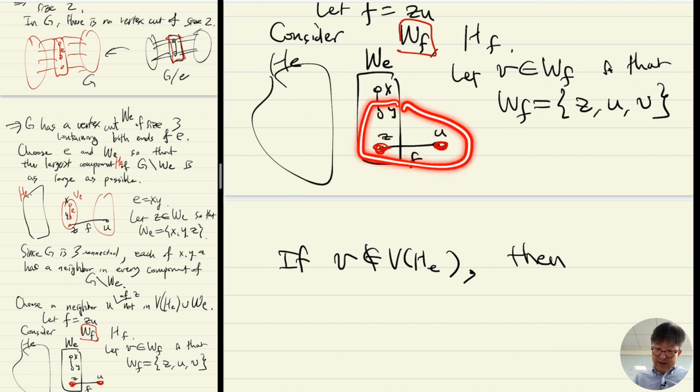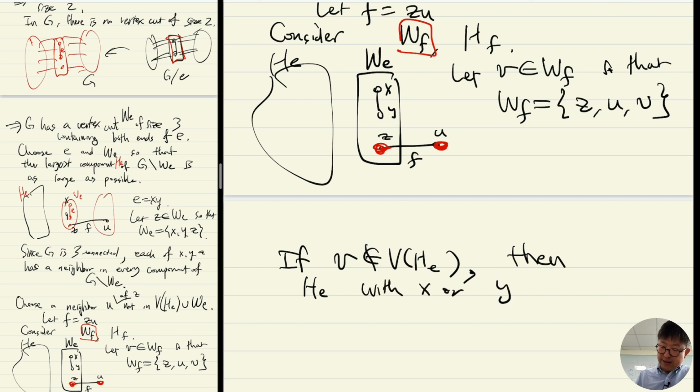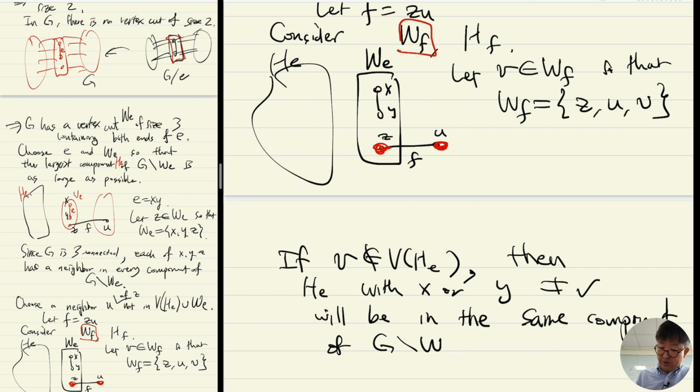I mean, V could be one of X, Y. So after deleting WF, HE together with X or Y other than V will be in the same component of G delete WF. But that's weird, because we chose E and HE so that the largest component is as large as possible, and we kept every vertex in HE together with one more vertex.